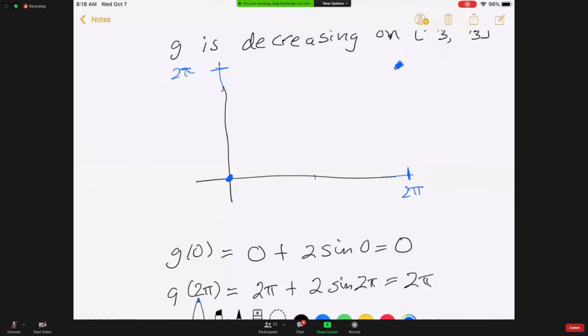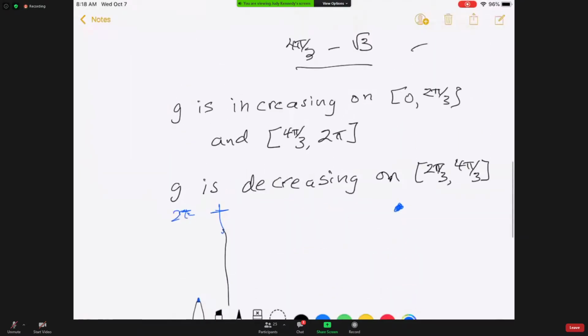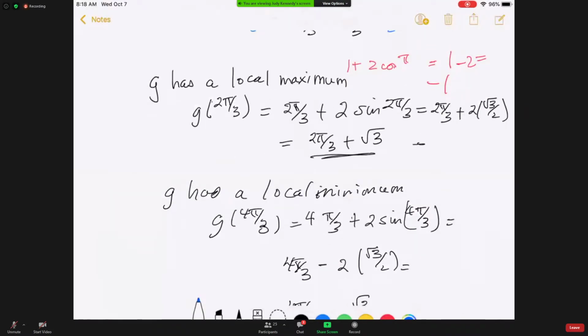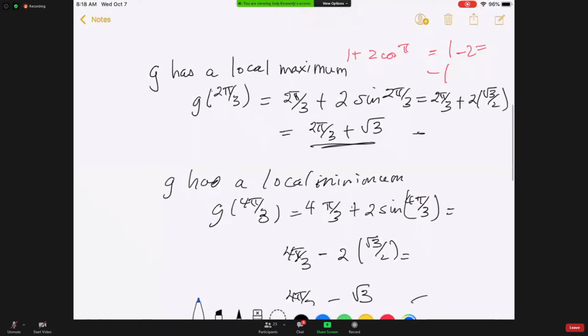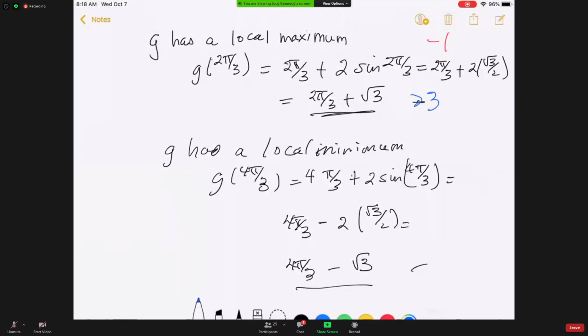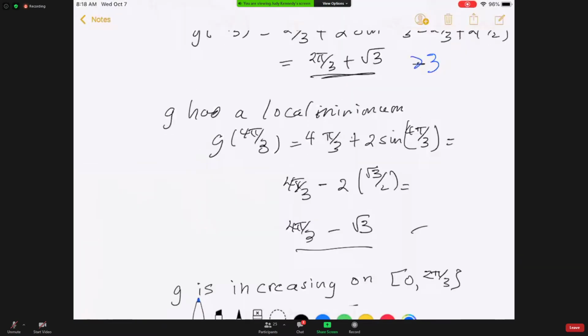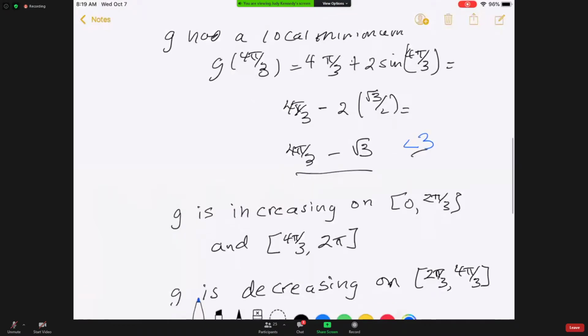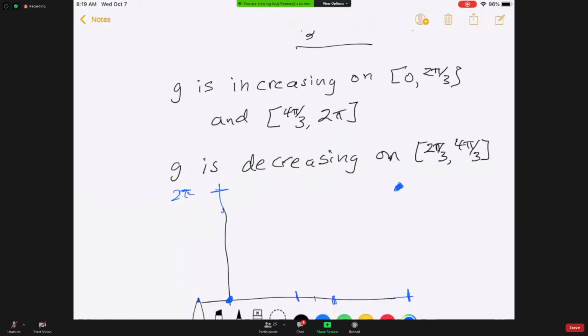G of pi, so call that 2 pi over 3. And I'll call that 4 pi over 3. At 2 pi over 3, we get a number that's larger than 3. And this one is actually less than 3. So, well, that makes sense.